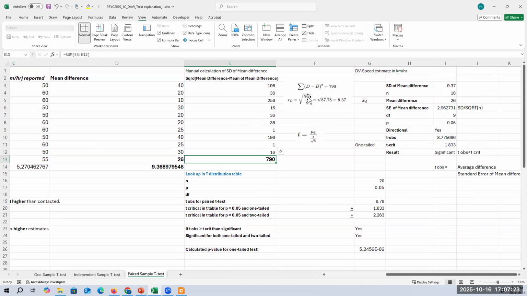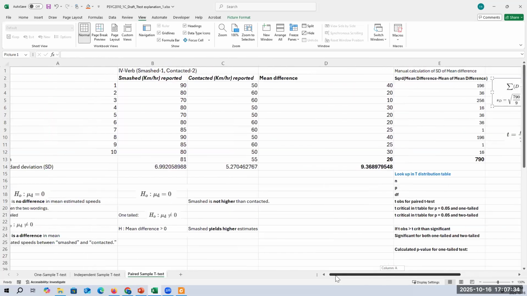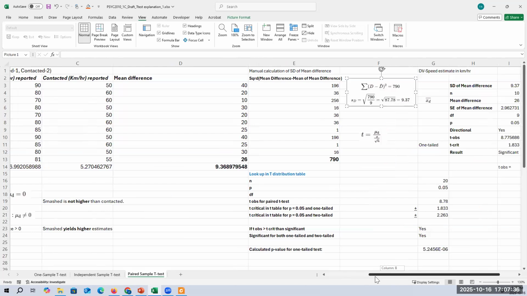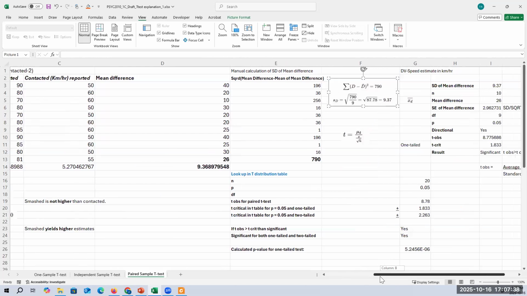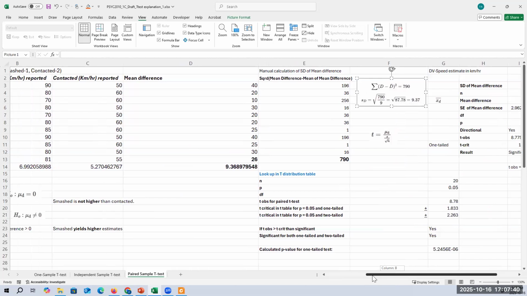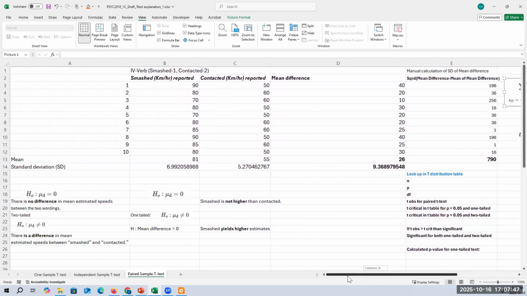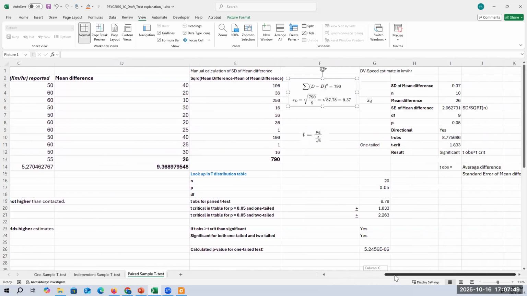Then you divide 790 by 9, which is n minus 1, take the square root, and you get 9.37, which is the standard deviation of the mean difference, right?